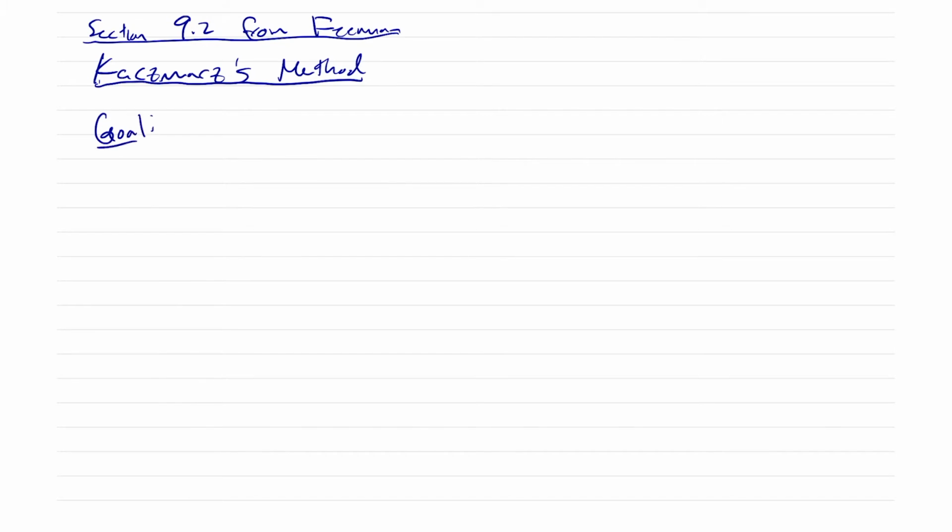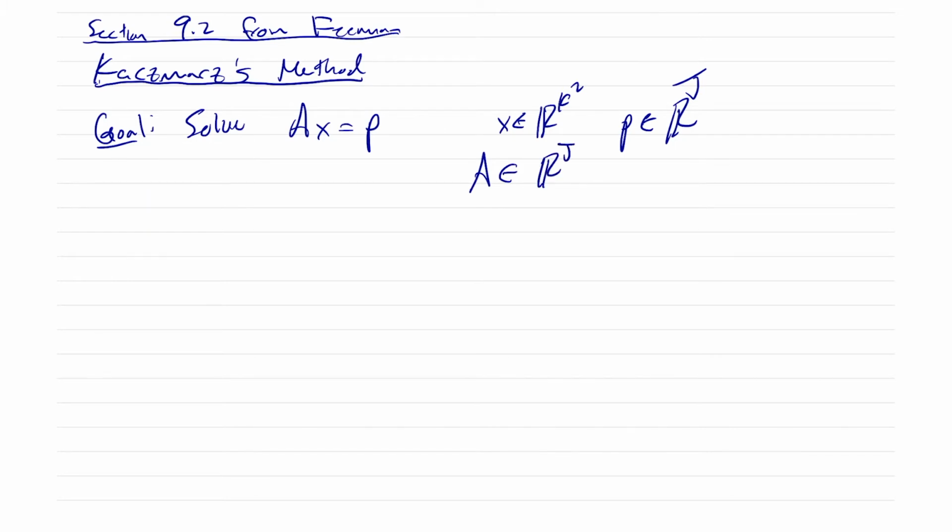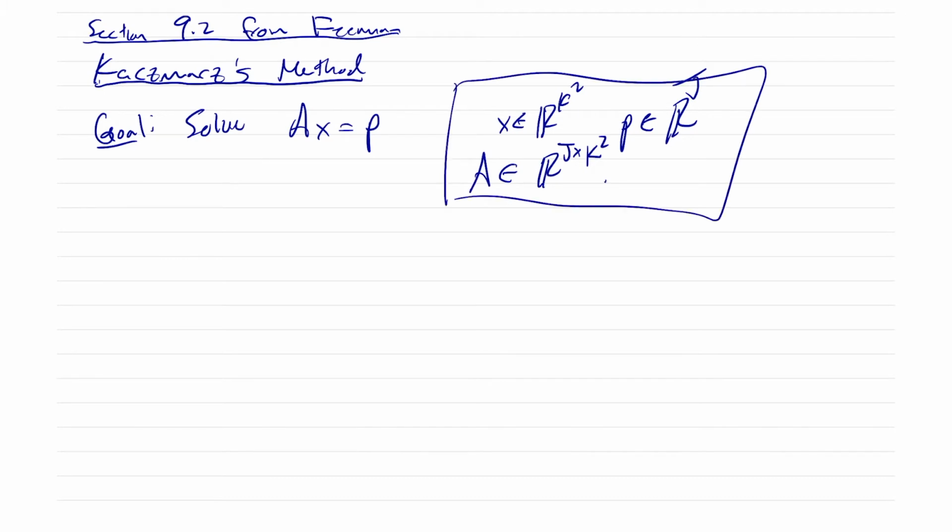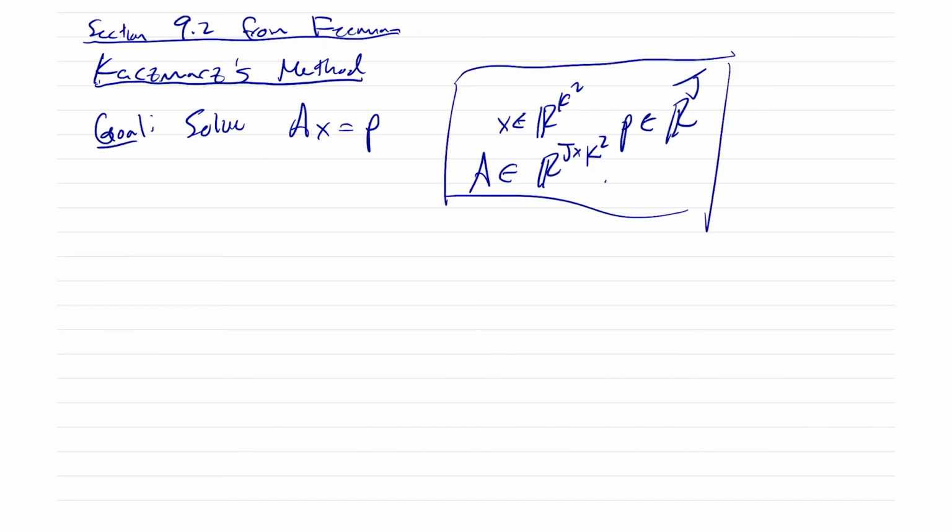Basically the goal is that we want to solve a matrix equation, Ax equals p. And here x is going to be in R^(k^2), and p is in R^J, and A is a matrix of size J by k^2. Right, and we're going to hope that A is actually invertible.